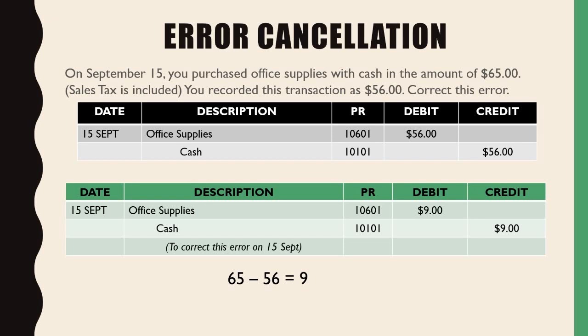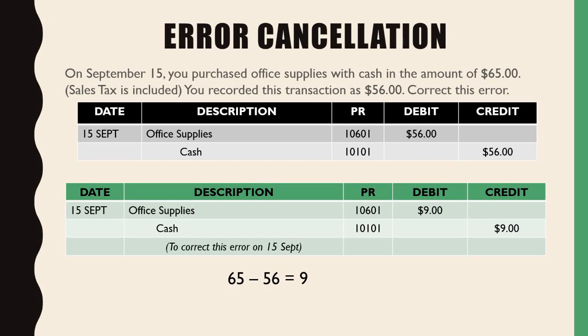Okay? So in this case, I journalized that I have $56, right? In order to fix this, am I over my assets or am I under my assets? Did I purchase less or did I purchase more? That's the question that you have to understand. And in this case, I'm short $9 in my office supplies, right?